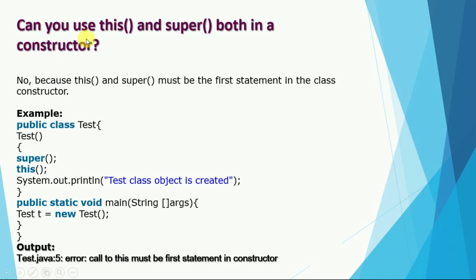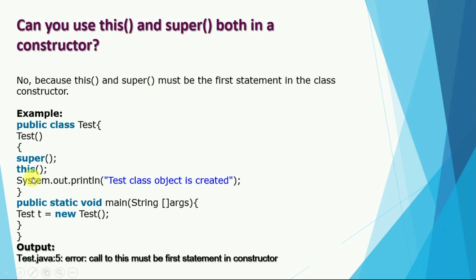Okay, so can you use this and super both in a constructor? No, because this and super must be the first statement in the constructor. If we use this, we need to use it as the first statement, and the same for super. So we can't use both this and super in our class constructor.